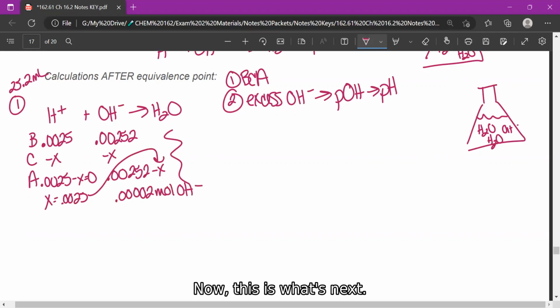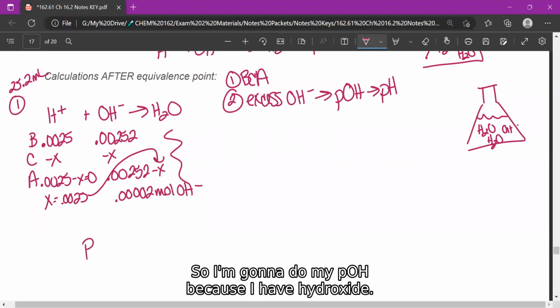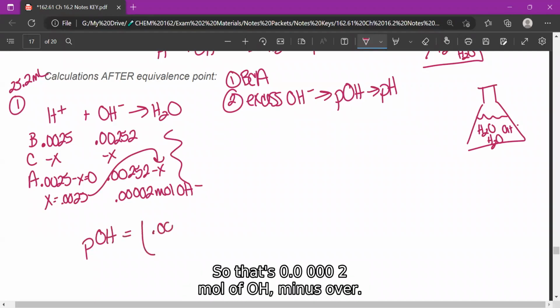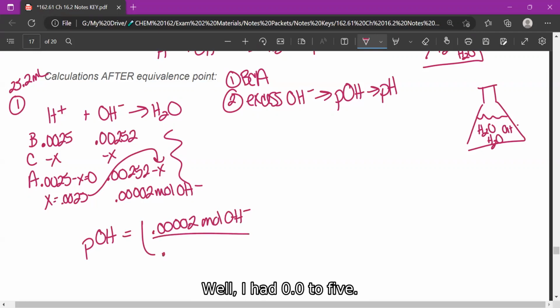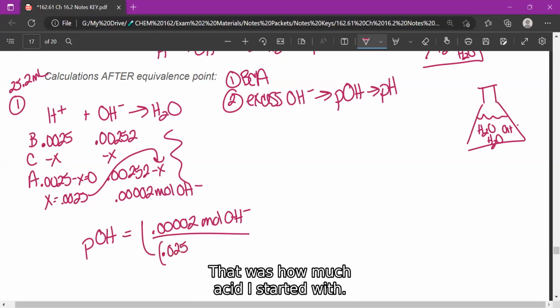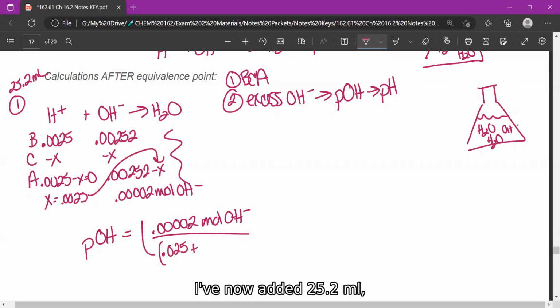Okay, now this is what's in excess. So I'm going to do my pOH because I have hydroxide. So that's 0.00002 moles of OH minus over, what are my total liters? Well, I had 0.025. That was how much acid I started with. I've now added 25.2 milliliters.